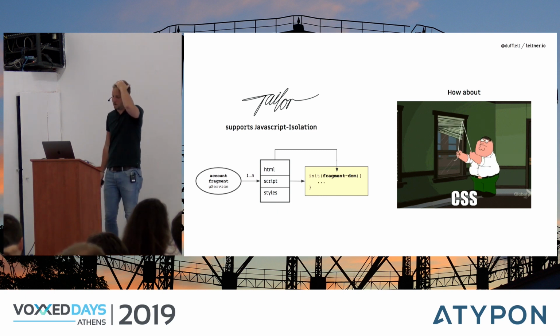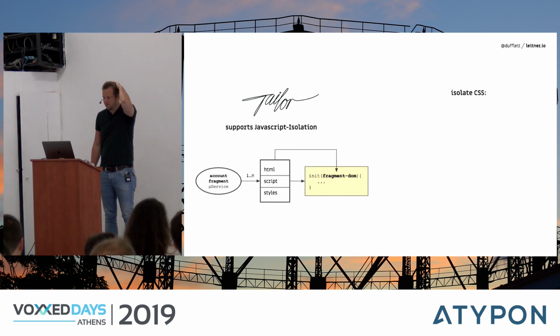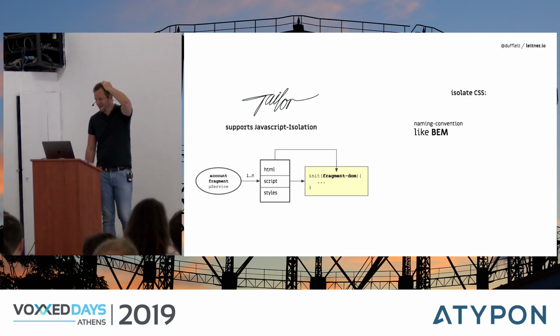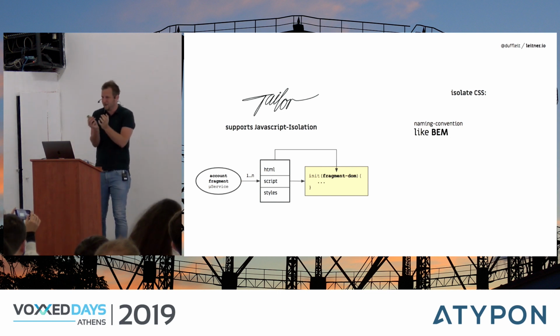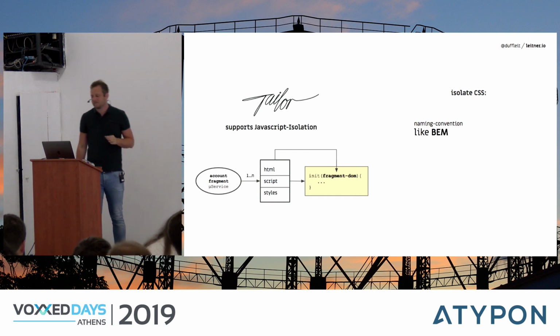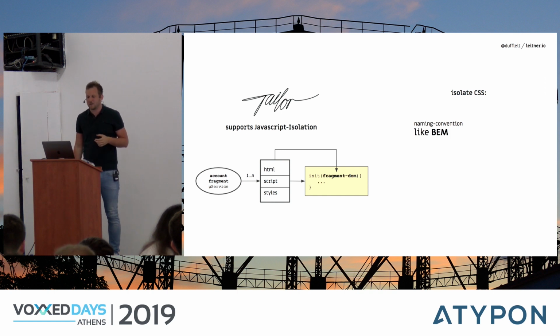It was always about JavaScript where we had the real pain and the real troubles. Because CSS, back then, we had something like BEM. Who knows BEM? Okay. I learned BEM back in the days, and it was really a mess, because it's actually a naming convention, how you name your stuff, so that you don't have duplicated classes. And I really didn't like it, so the good thing is we got much better opportunities now.